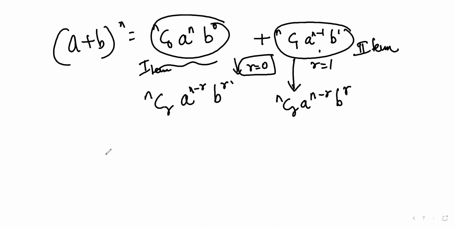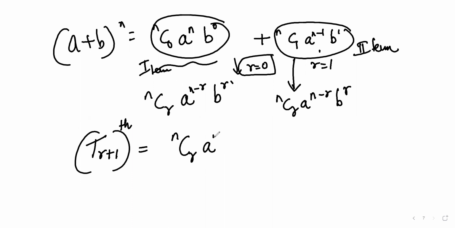So the (r+1)th term, T(r+1), as in arithmetic progression where you would have come across T n, will be nCr a^(n-r) b^r. Means if I want the first term, I have to put r is 0, because 0 plus 1 is 1. If I want the second term, I must put r is 1, because 1 plus 1 is 2. Getting it?